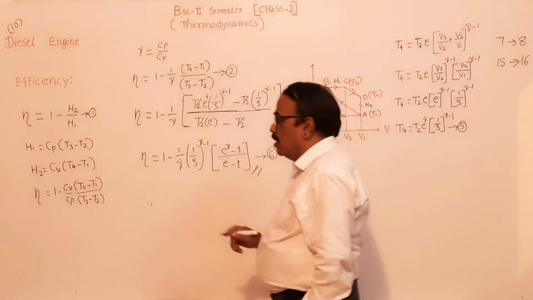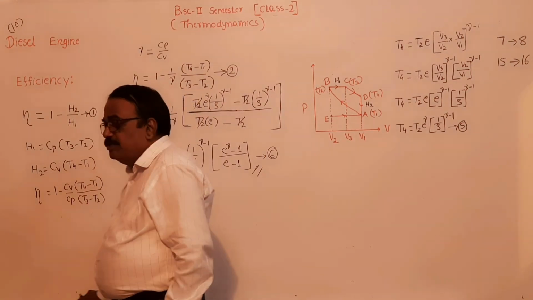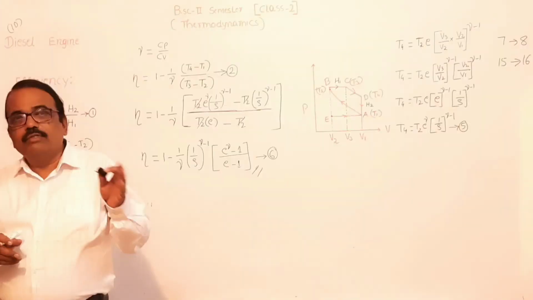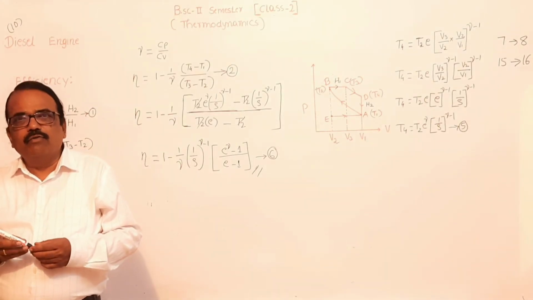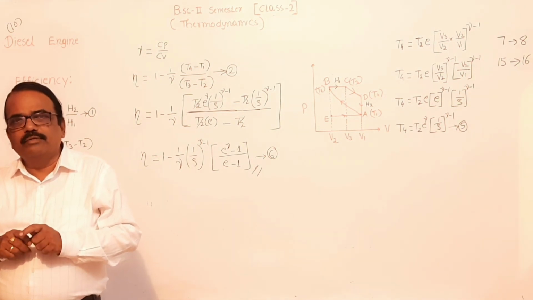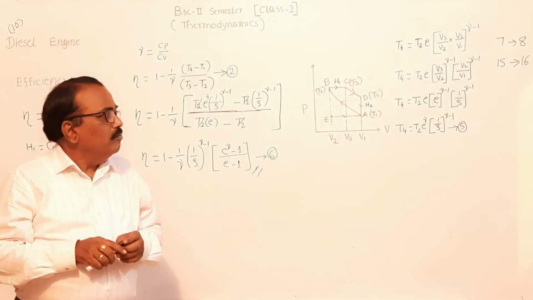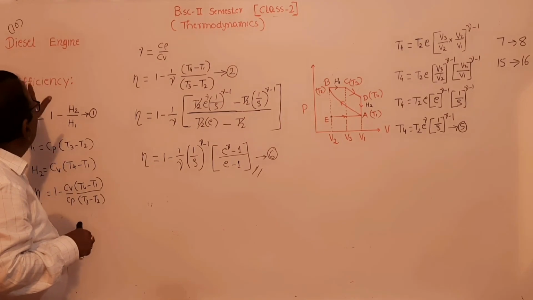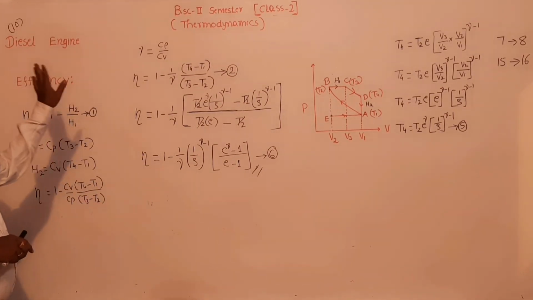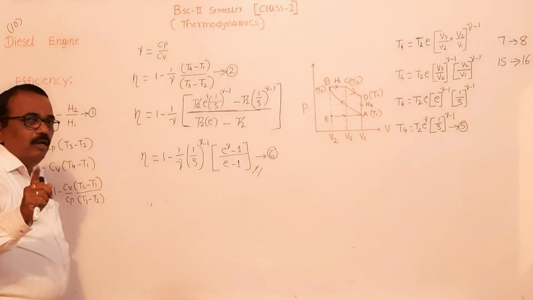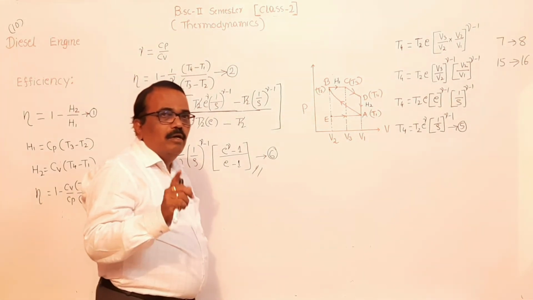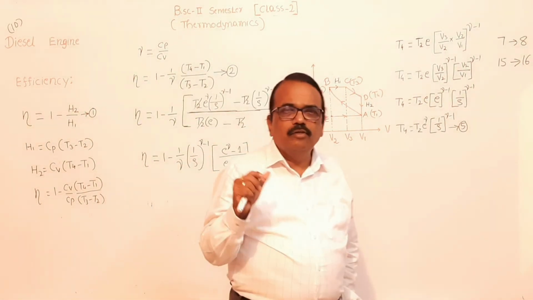In practice, the efficiency of diesel engine is more than the efficiency of Otto engine. Now, this you have to write up to this for a 10 marks question. Definitely either they will ask Otto engine or diesel engine, you prepare it.